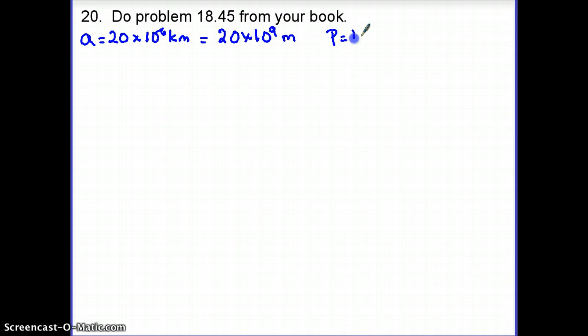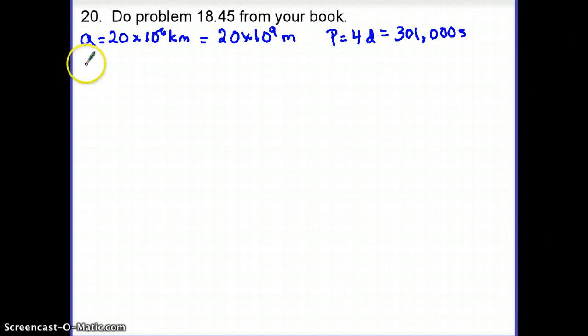I'm not going to show my conversion right now, but if we do it, we get about 301,000 seconds. And we're going to try to find the total mass.